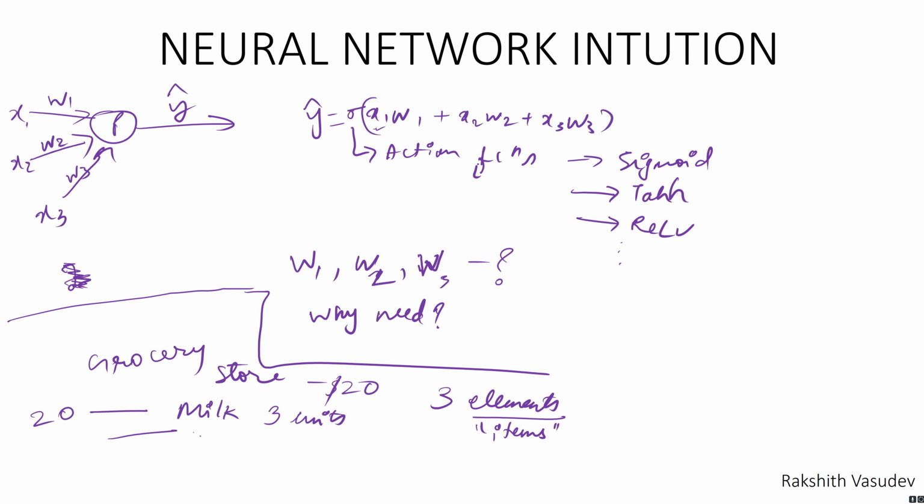And then I got some fruits, 3 pounds or 3 kgs, don't worry about what it is. And I also got some vegetables for 2 units of weight, 2 pounds or 2 kgs, whatever.